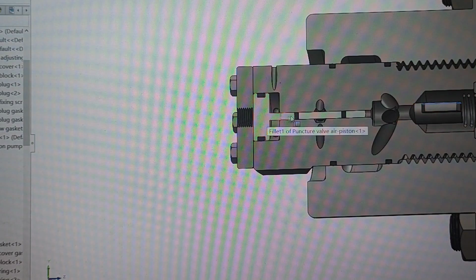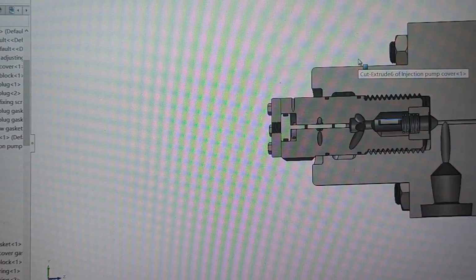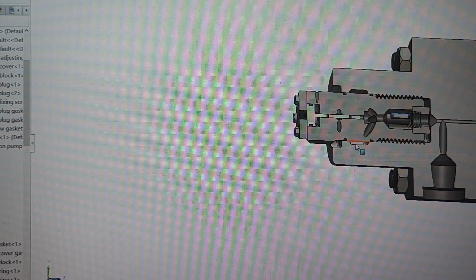When the high pressure air is supplied, this valve will open and the high pressure fuel, remember, the high pressure fuel from here will go through this passage and be leaked to this space. And there is also a passage inside the pump cover as well, which can deliver this leaked oil downward down to here.